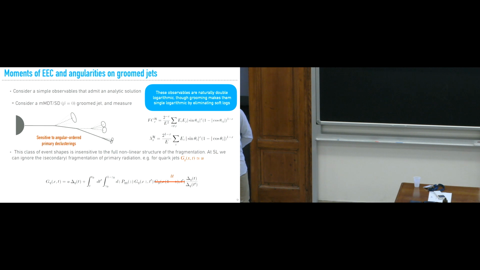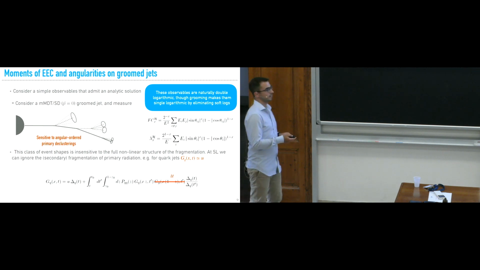So okay, I didn't quite understand what this observable was doing for you, and is it only doing it for you in some range of X? Yeah, so right, X is a parameter. But for generic X, you get wide angles in there, right? You would accept that you are applying grooming before you measure those observables.